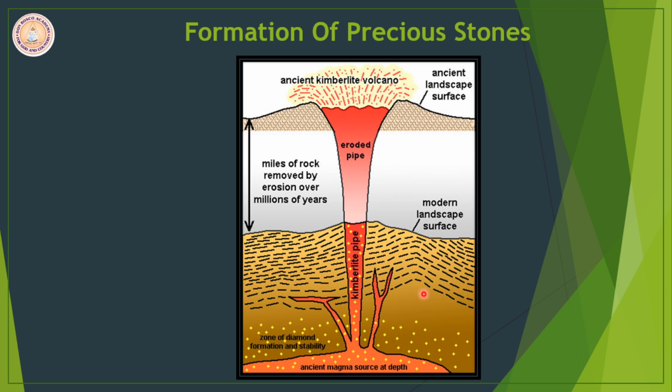So you can see over here, due to pressure of overlying land and because of the nearness to the magma, the heat and the pressure has led to this area to have large amount of diamonds.